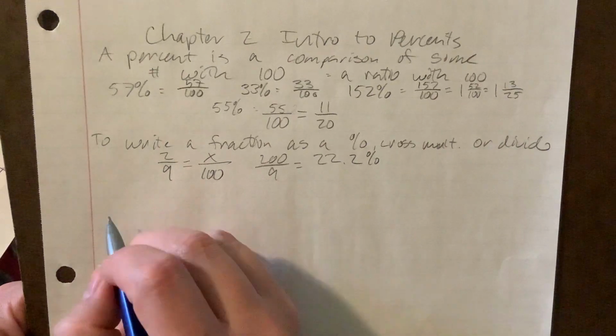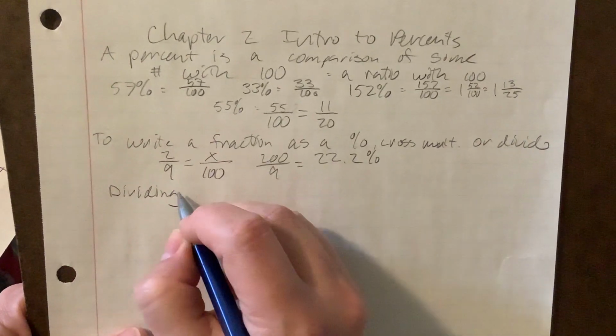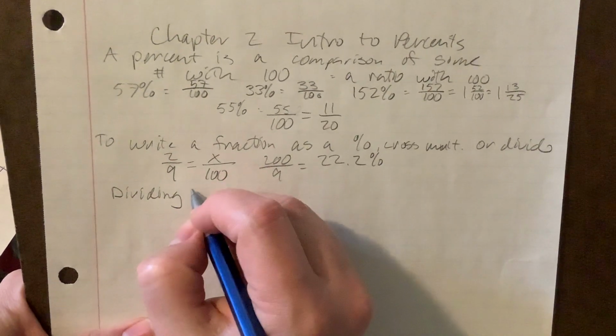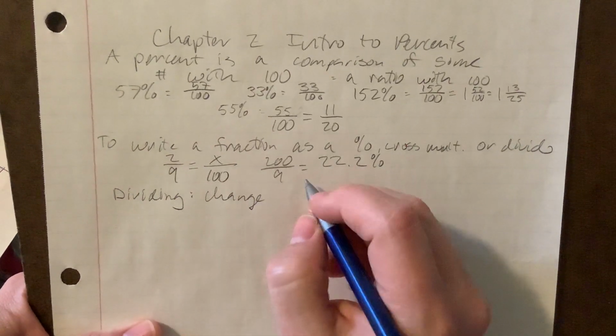Okay, now if we want to do the dividing, then we have to remember how to change decimals to percents, because we'll get a decimal, obviously.